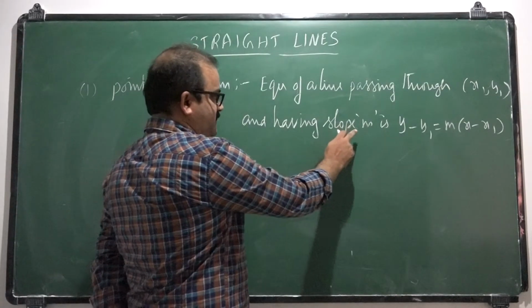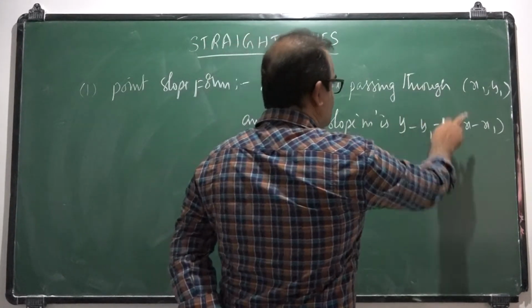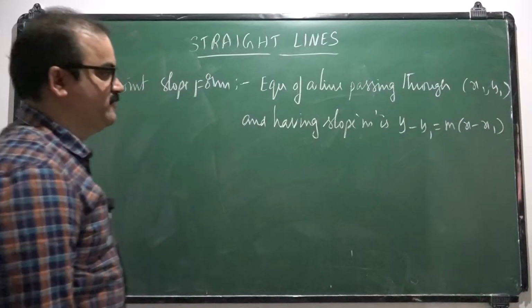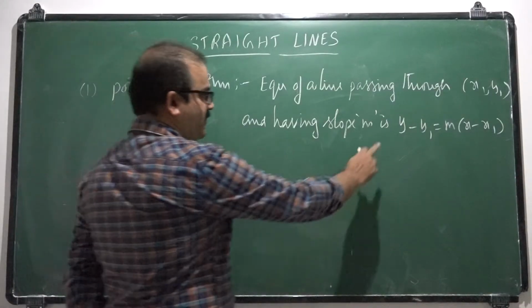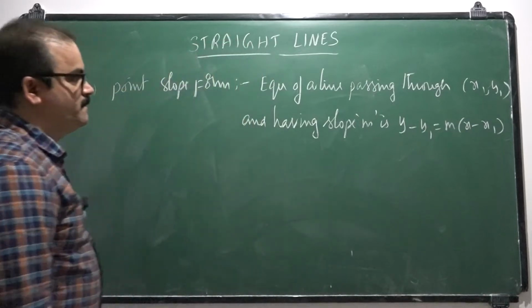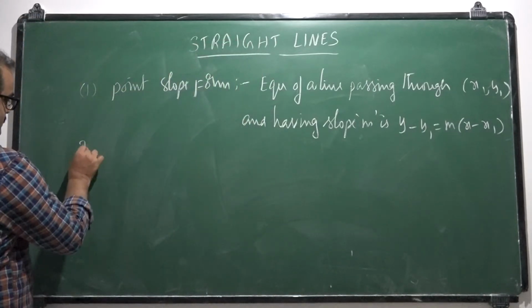When slope of a straight line is given and passing through some point is given, then equation of that line is y minus y1 is equal to m into x minus x1.